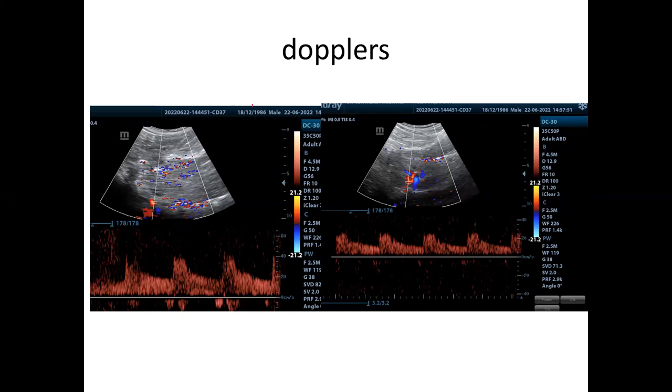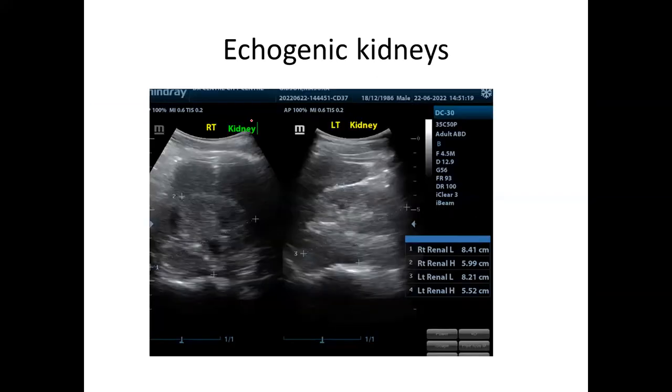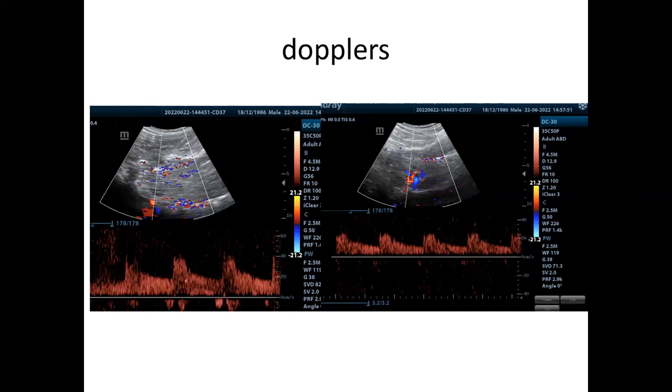So in this patient, this 1986 guy here, this is the same patient with these kidneys, and these were the waveforms that we obtained. This was in the middle segment of the renal artery. You can see that the renal waveform is a little bit okay, but as we go towards the hilum there, it is becoming a bit rounded.